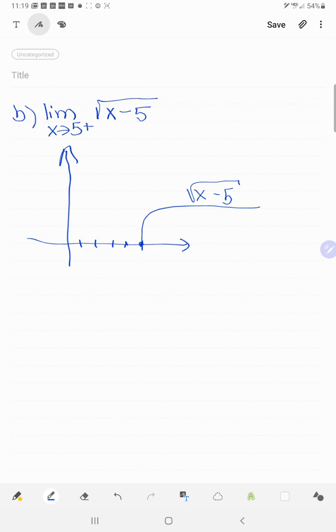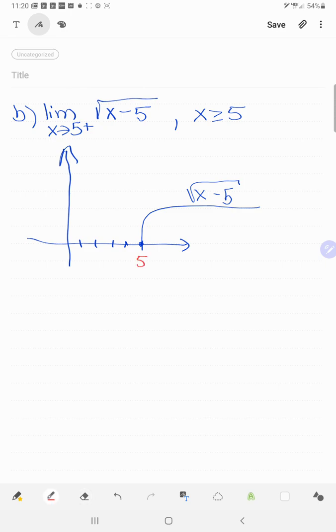And we also need to mention here that because we have a radical, x needs to be greater than or equal to 5. So for any values over here, we don't actually have the function. It doesn't exist.